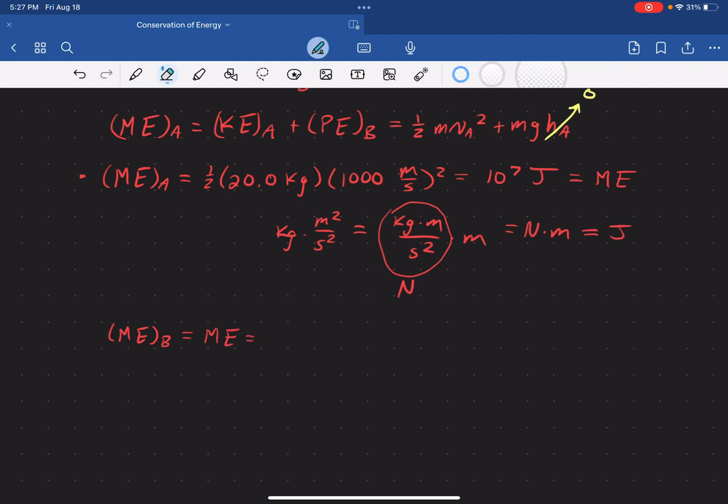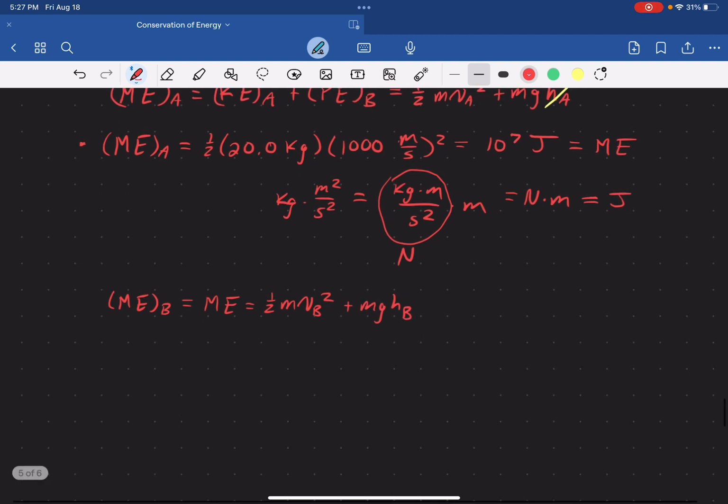It'll look a little bit different though in the formula. Here we have more terms to calculate. So this would look a little bit different for each case, but they would ultimately be the same. 10 to the 7 joules.